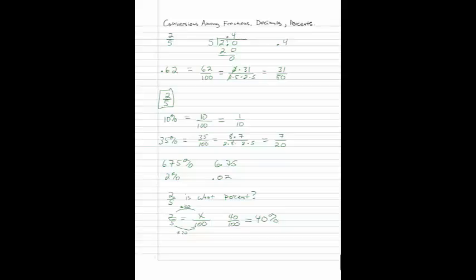So if we're looking at something like 3/8, and our question is 3/8 is what percent? To answer that question, we're going to say 3/8 is how much, x out of 100.